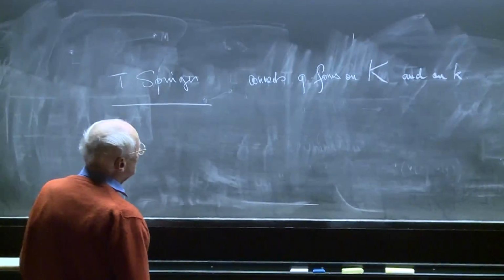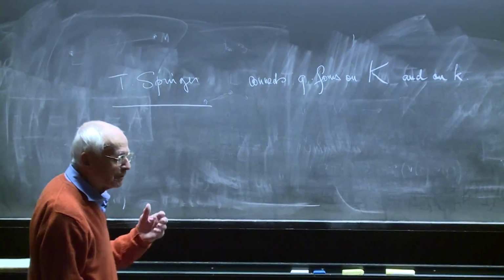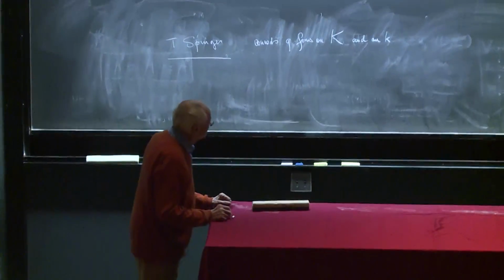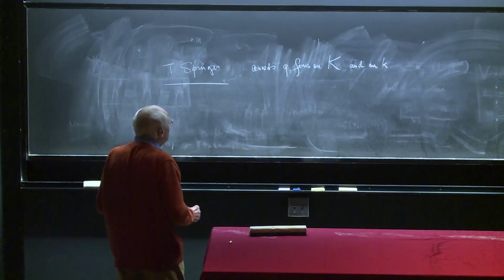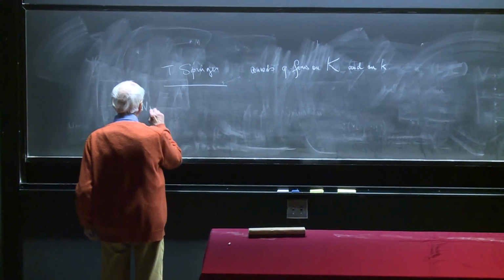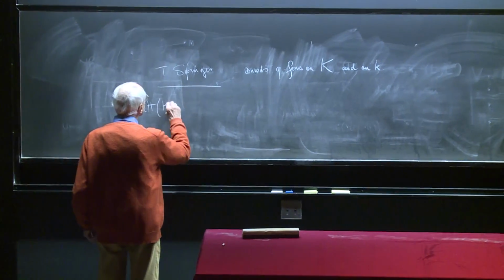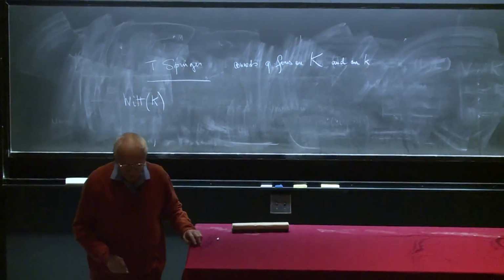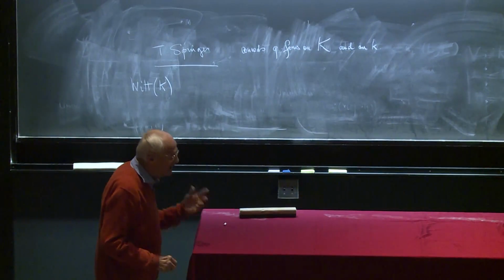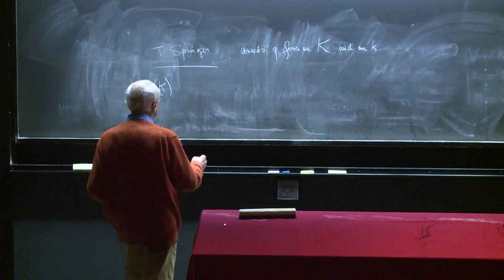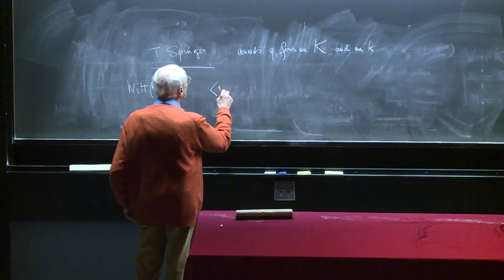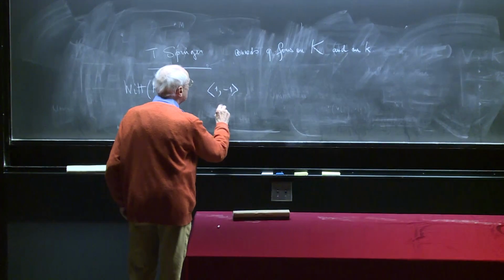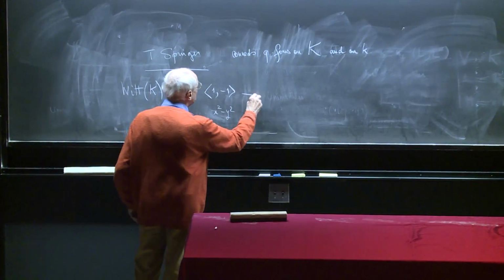Well, some people objected to me that the Witt ring has a different meaning. So people say the Witt group, but it is a ring. Okay, let me write Witt of K. That is the classes of quadratic forms up to isomorphism and where you consider a hyperbolic form like x squared minus y squared, you consider it as 0.